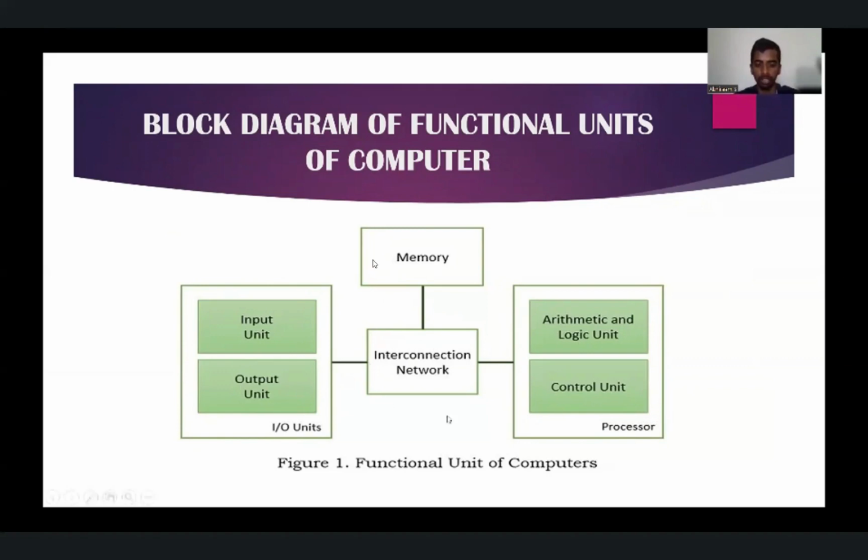The interconnection network acts as a passage for the transfer of data between the components. Here, the components are the I/O units and the processor. If the results or the intermediate results need to be stored somewhere, then we can utilize the memory to store the data based on the user's choice.